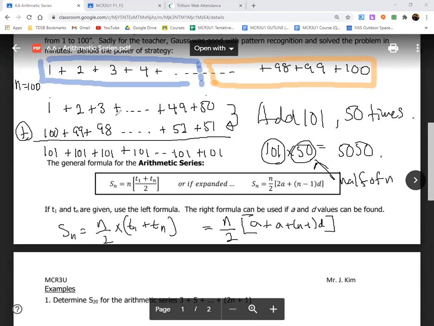So if you simplify that, I have this formula right here: n over 2 times (2A plus (n minus 1)d). Or if the arithmetic series gives you the first and last term, you can use this instead. You will get the same answer either way.